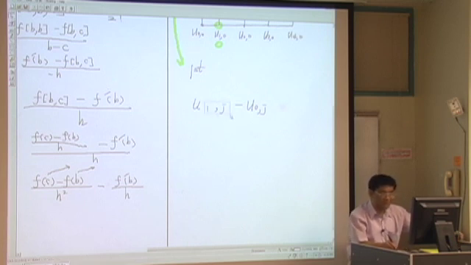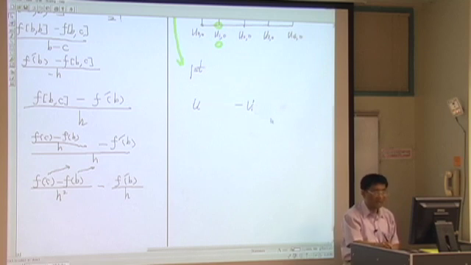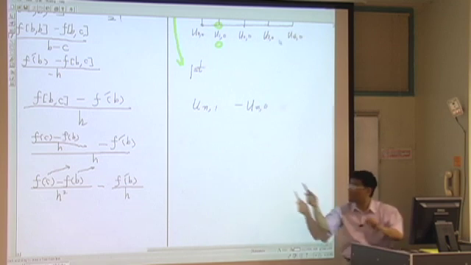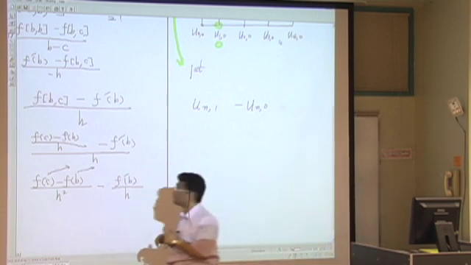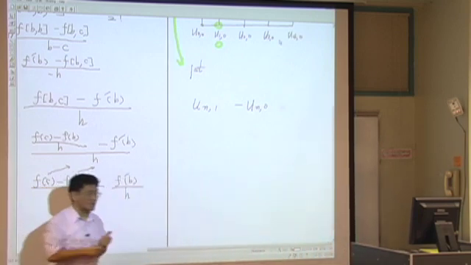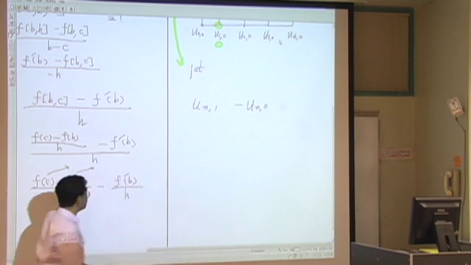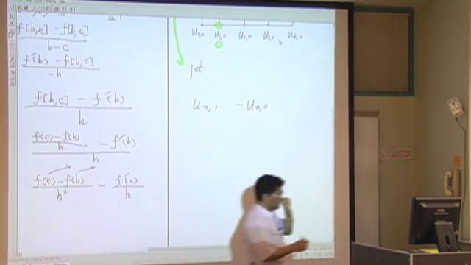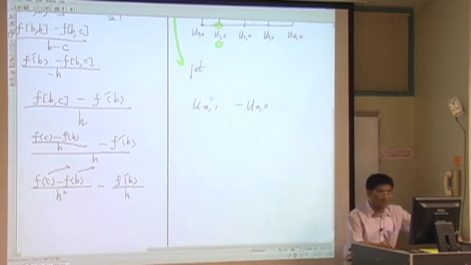I should switch J and R, and then I will use N. 1 minus N0, because I used 0 in the second position, right? I converted this thing, and if you have a question, ask me. Over delta t squared.